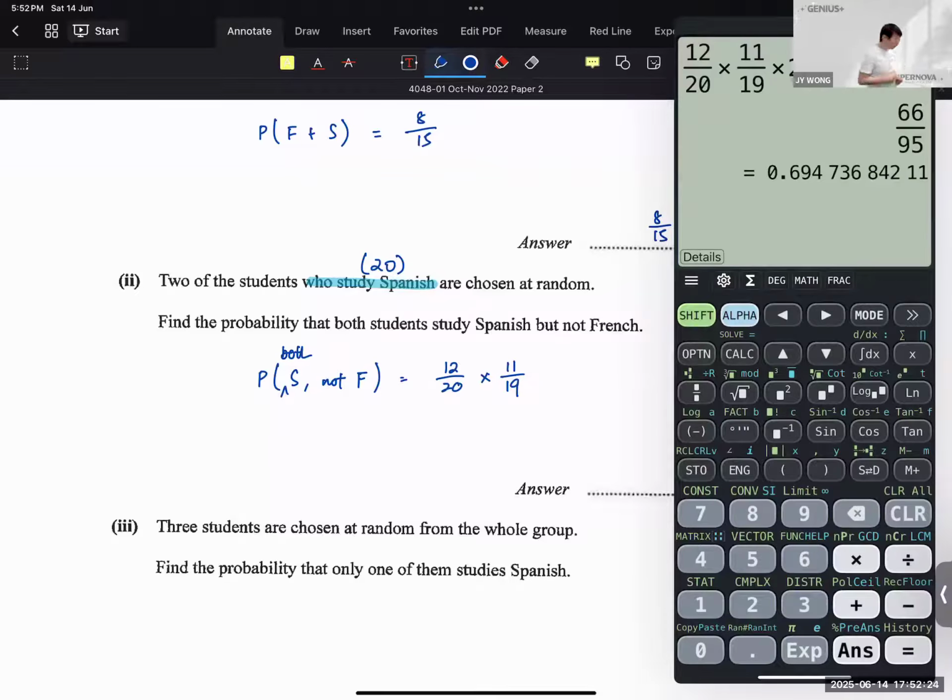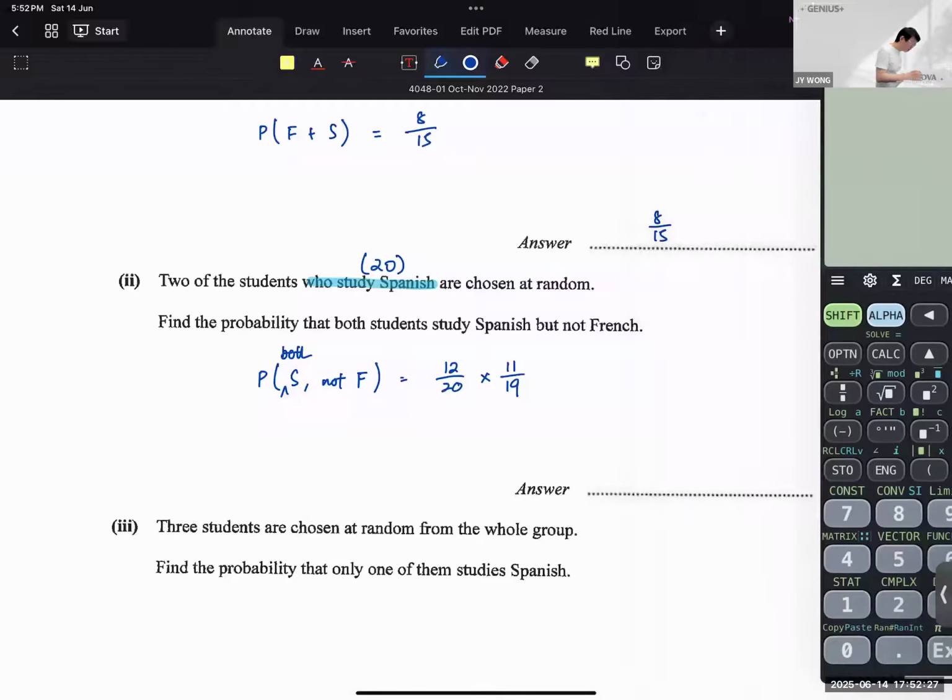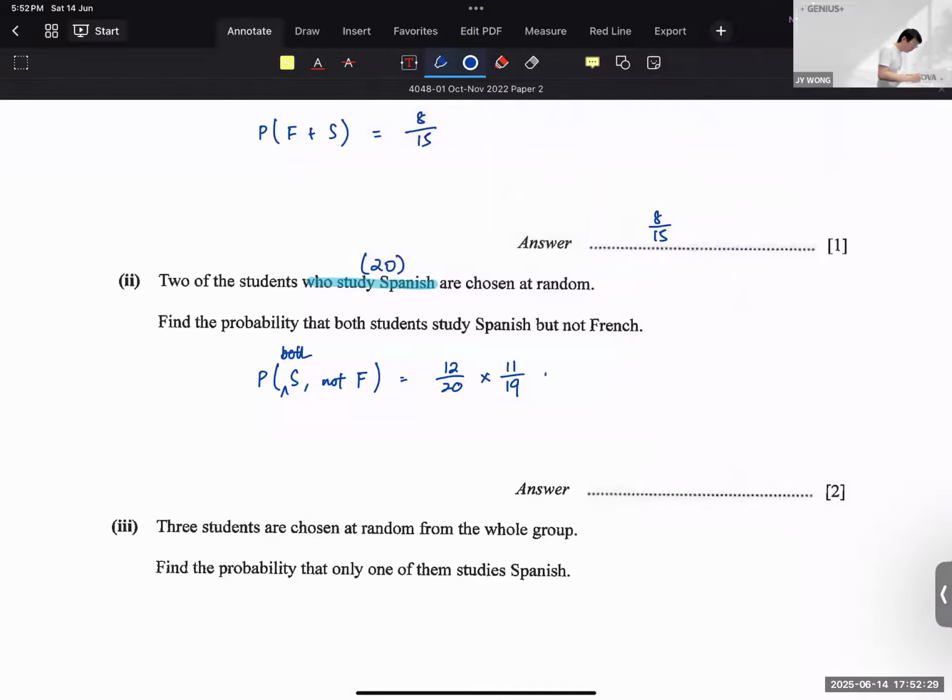Okay. So you always have to times 2 here, because there are always two possible scenarios where if this is student A, this is student B, there is also the probability that you can flip them around and say that the first student is student B and this is student A. That's the reason why you would times 2.